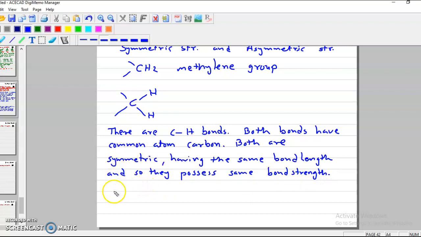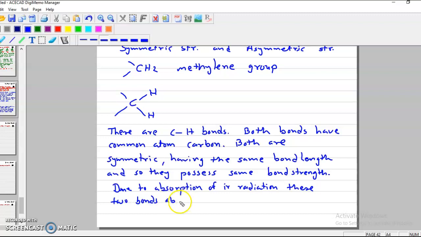Now, when IR is absorbed by these two groups or these two bonds, due to absorption of IR radiations, these two bonds give two different fundamental vibrations.